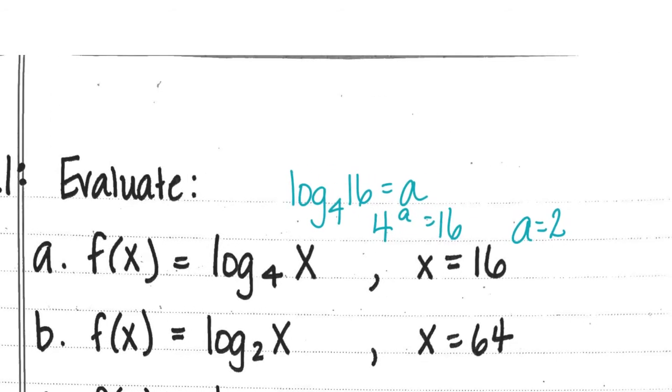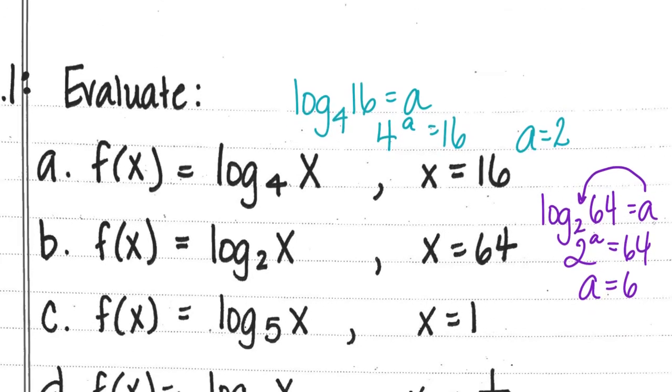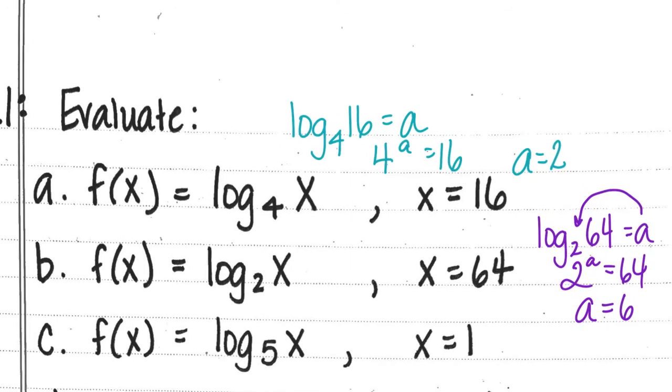The next question is saying log base 2 of 64 is what? So they're saying 2 to what power is 64? Well, I know 2 to the 5th is 32, so this one's got to be to the 6th power.